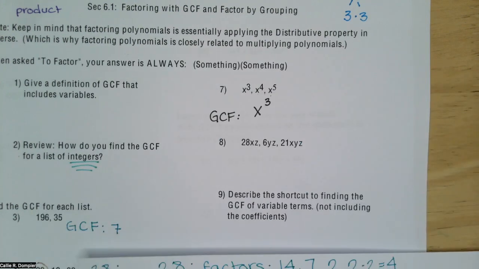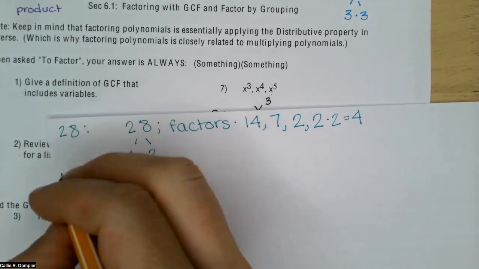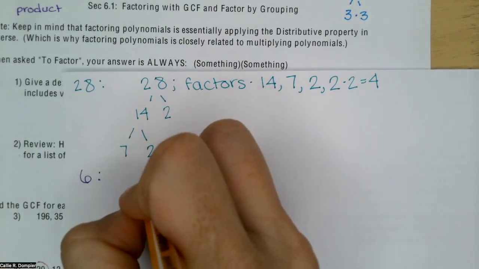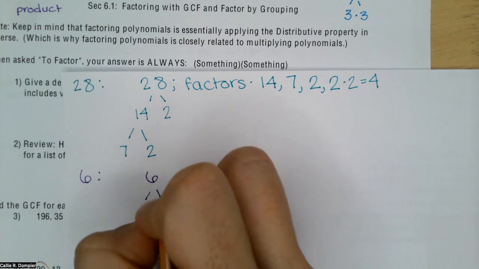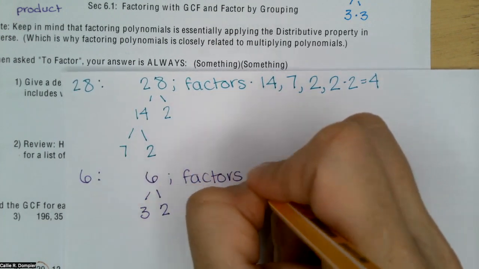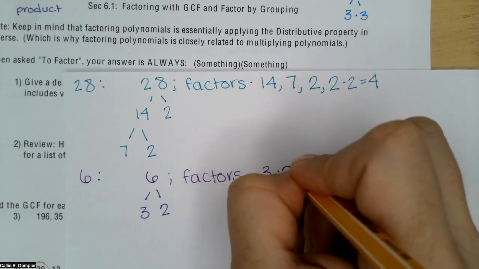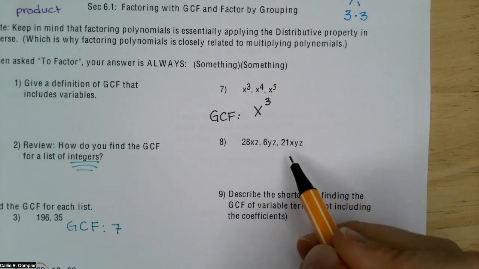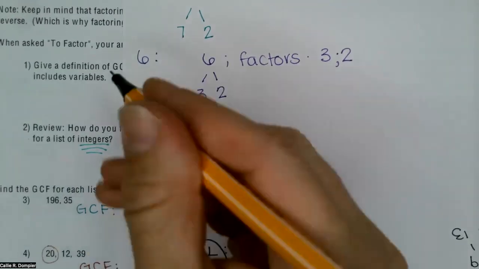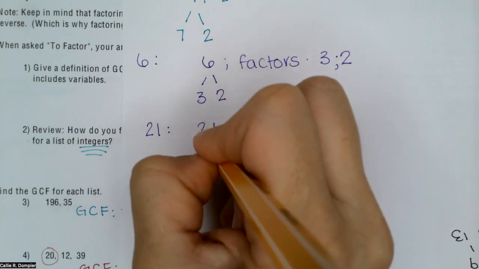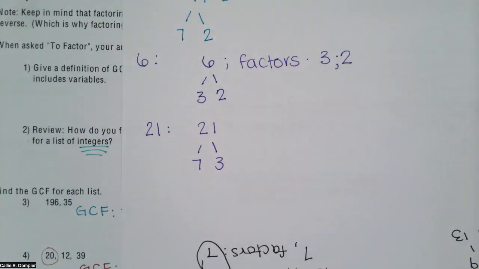What are the other parts? 28, 6. 6 is 3 times 2. Oh, sorry, we're using commas now. And then 21 is 7 and 3, right?